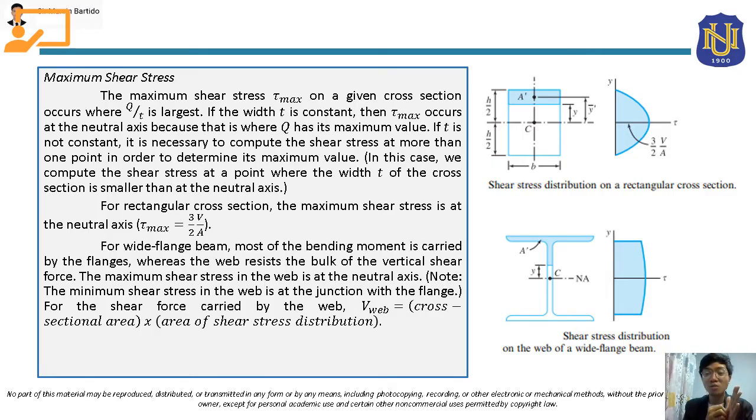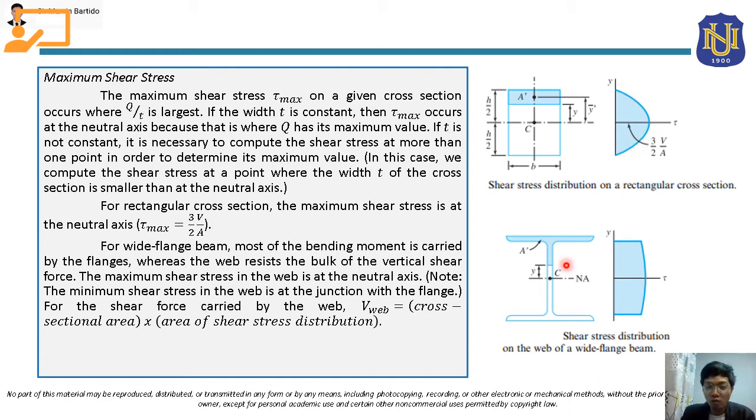So, yung distance, class, will be 0. So, yung Q natin, therefore, magzi-0 siya. Kaya 0, class, yung shear stress natin dito, tsaka dito. Ito, class, yung magiging shear stress distribution for rectangular cross-section. Parabolic to, itong curve na to. Okay, so this is parabolic.